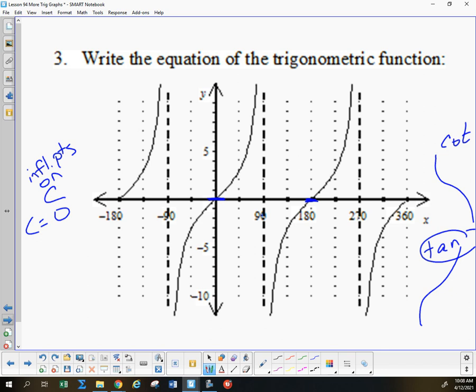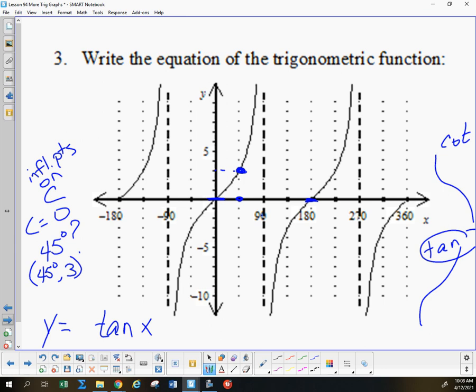So since my period is still 180 degrees, I am going to look at the 45 degrees, or the pi over 4. So at 45 degrees, I have this point right here. I have 45 degrees, comma, 3 for y. So if I just say y is 0 center line plus tangent of x, I'm not going to have something that's true.